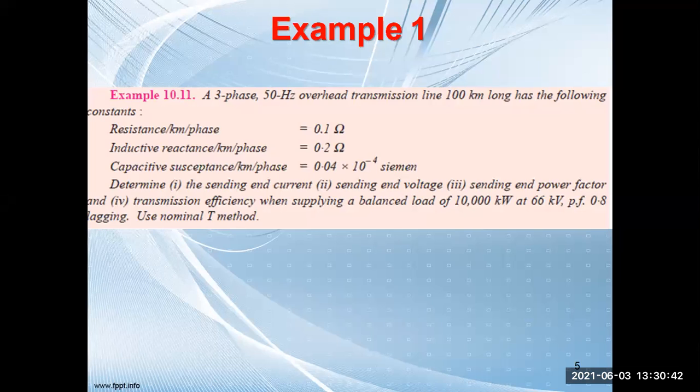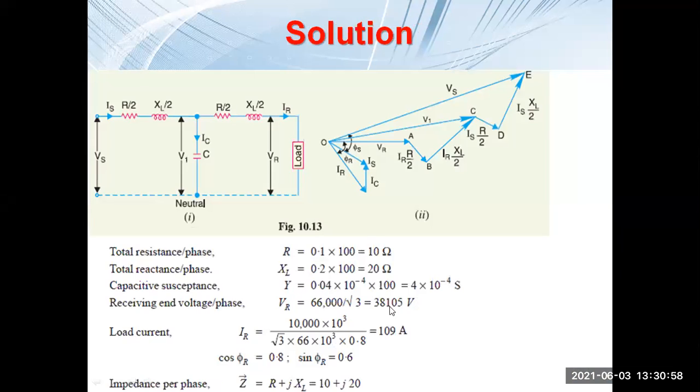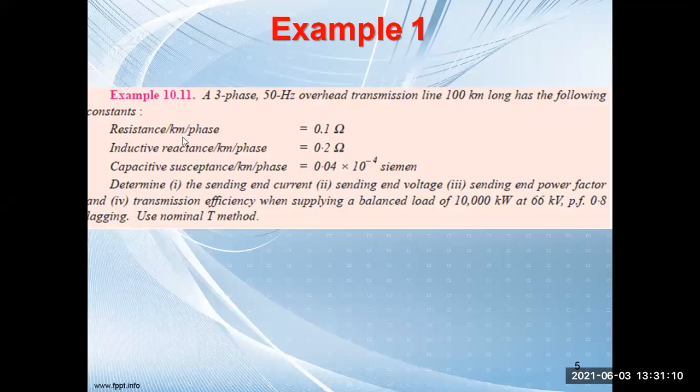So all this data is given: R, L and C parameters, and the total length of the line is 100 kilometers. Total load is 10,000 kilowatt, voltage is 66 kV, and power factor is 0.8. First of all, all this data has to be converted into total values, because these are per kilometer per phase.